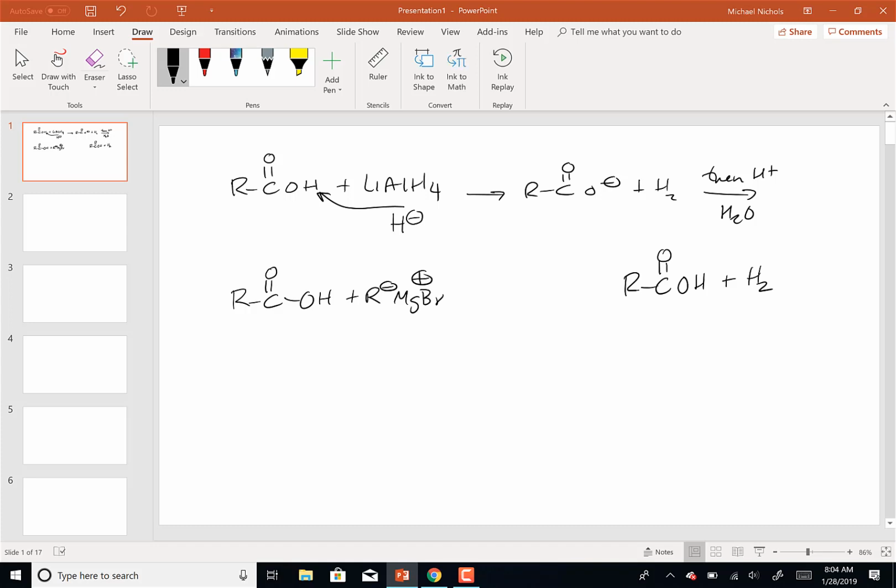I don't really think there are trick questions, but if you try and add a Grignard to a carboxylic acid, people get so used to taking the R minus and having it attack the carbonyl that you have to take a step back, because this is a strong base and it will simply deprotonate the carboxylic acid, so that you'll end up killing the Grignard and you'll end up with the deprotonated carboxylic acid. So the same thing's true here with the H minus.